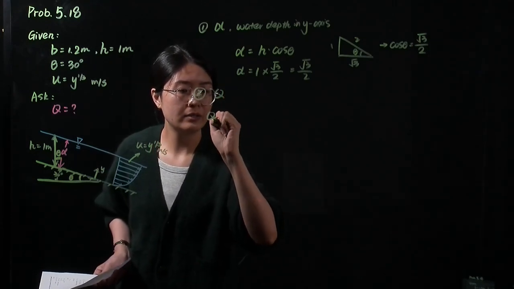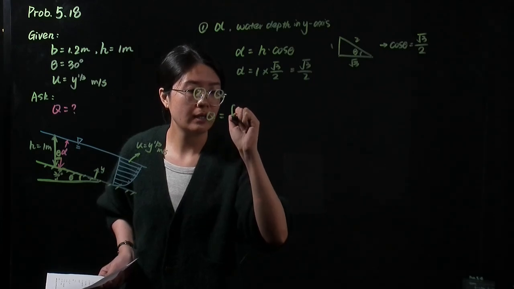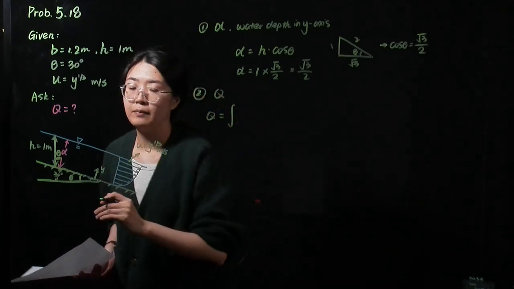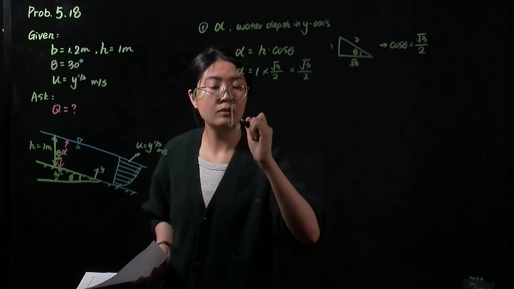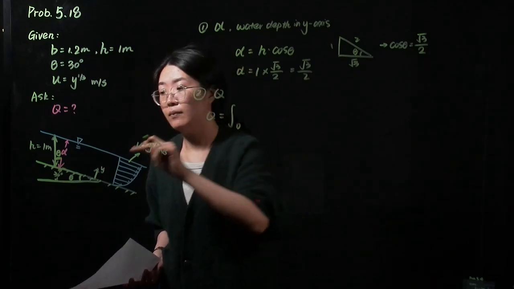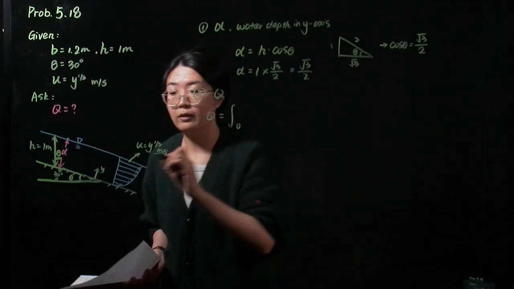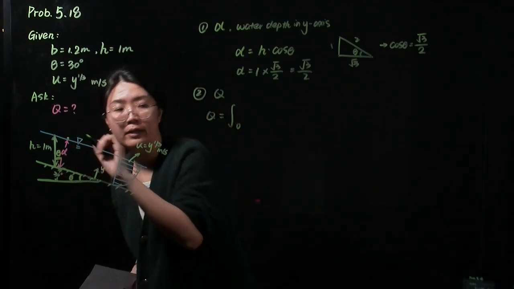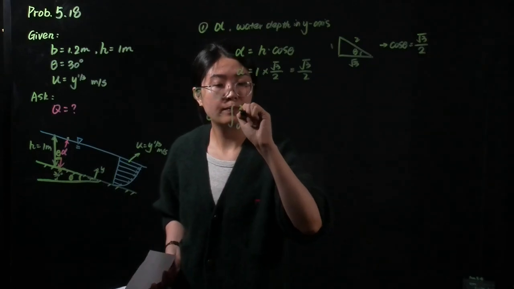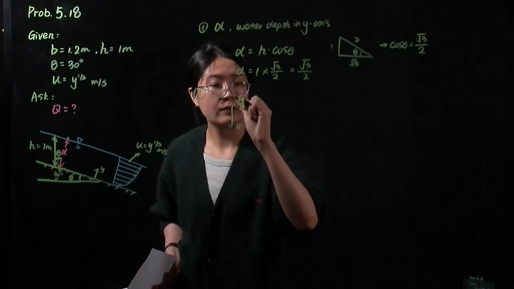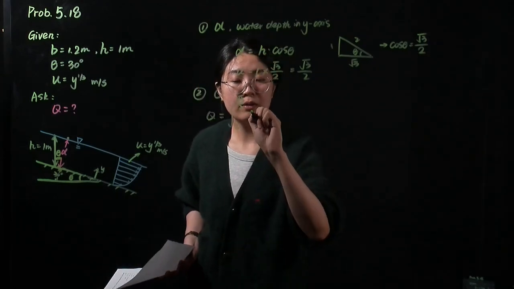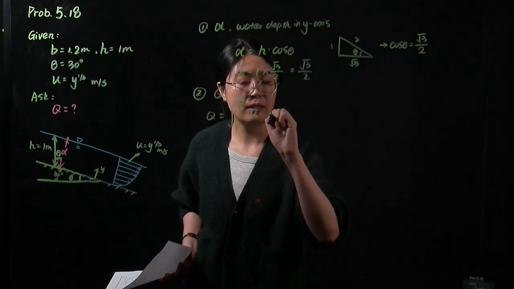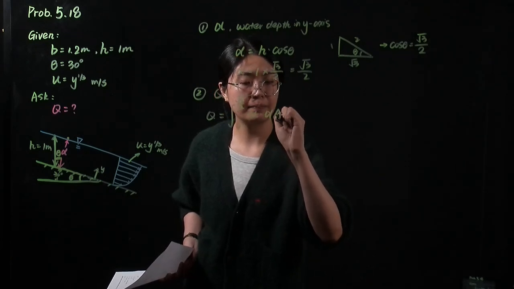The flow rate should equal the integral from 0 to D, which is from this point to this point, right? So it equals the velocity times dA, where A is area.